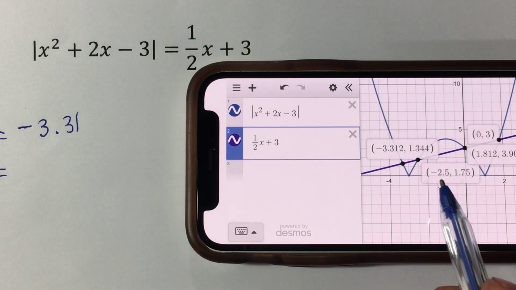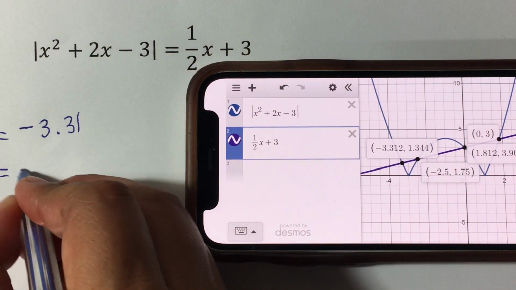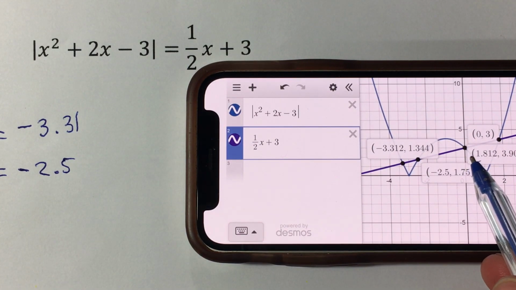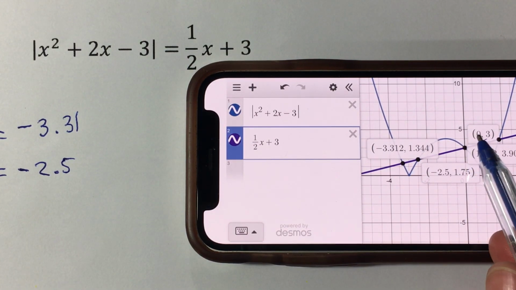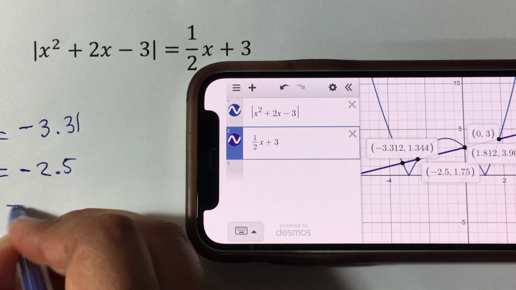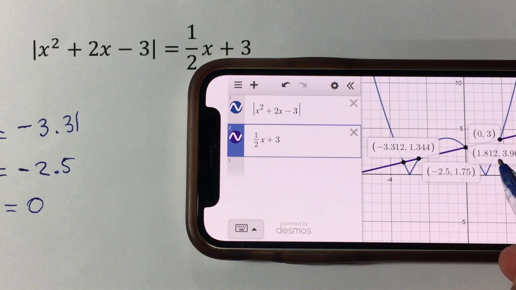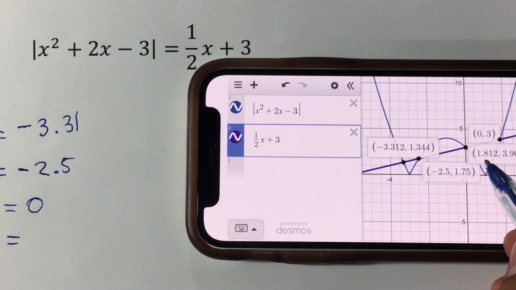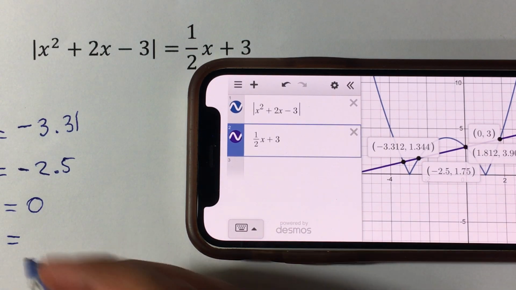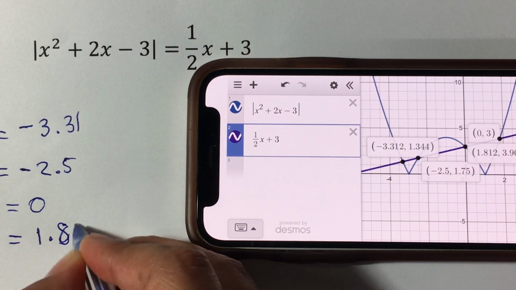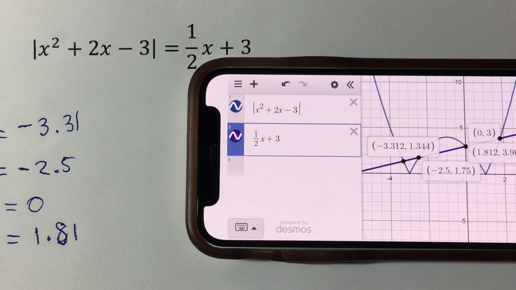It will also be at negative 2.5. It will be 0. Yeah, 0 comes first, and then this one is for this one. So x is equal to 0. And finally, x will be equal to, it's the x value, not the y. Be careful about that. It's 1.81 or 1.8 if you want to keep it as tenths only, okay?